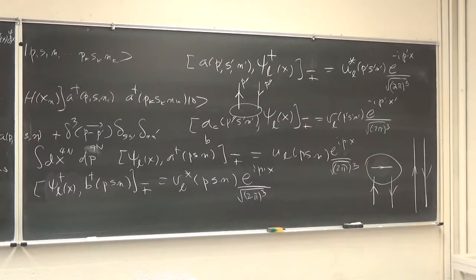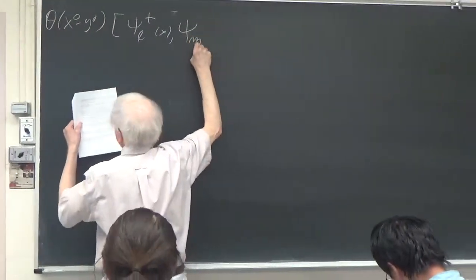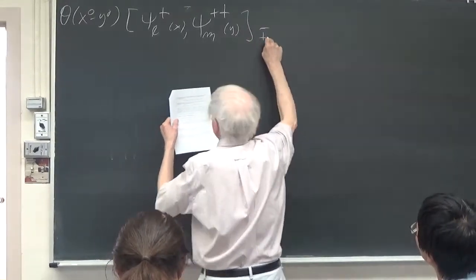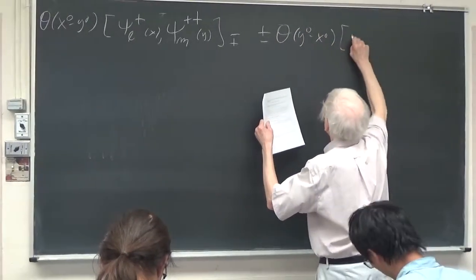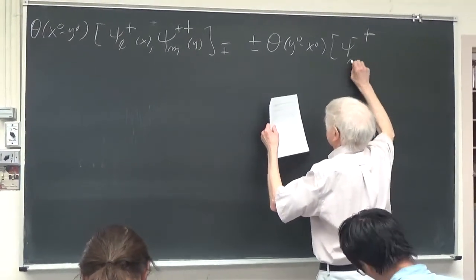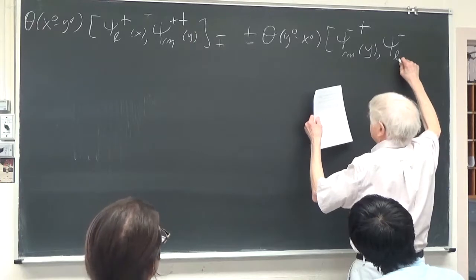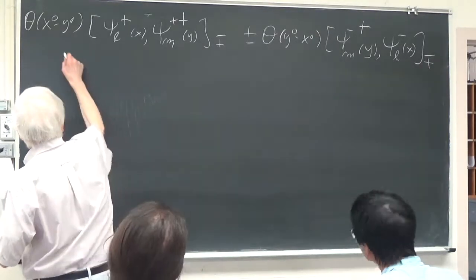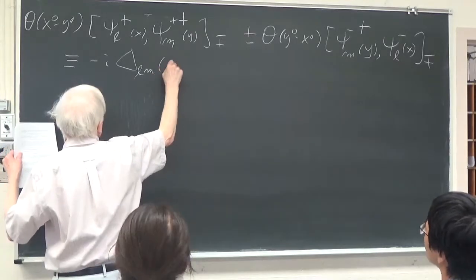It's a theta function times the psi L plus of x, a psi m, plus dagger of y, commutator or anti-commutator, plus or minus a theta of y0 minus x0 times the adjoint of the negative frequency part of m at y with the negative frequency part of psi L at x minus plus, and that sum is by definition the propagator, which is written as minus I delta Lm of x and y.